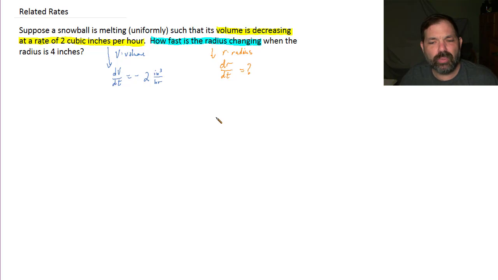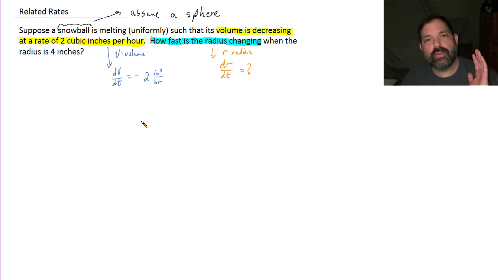So now we have to bring in something from the outside. We have to know something about the relation between the volume of a snowball and its radius. So here we have to make an assumption. Let's assume a sphere.